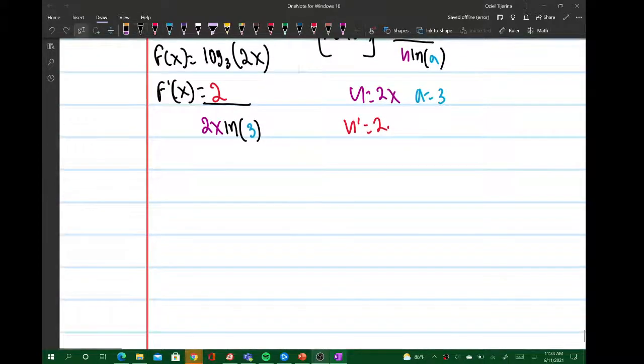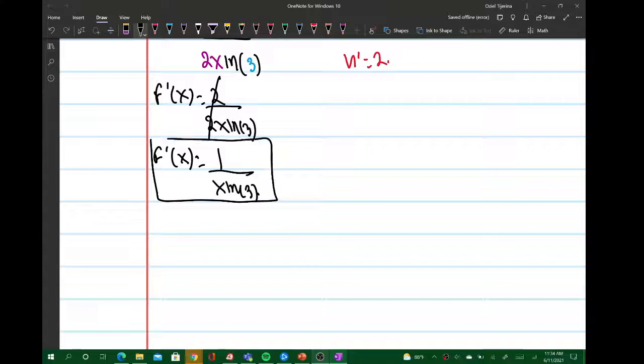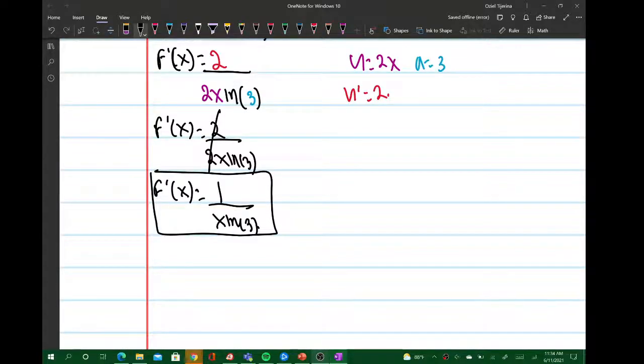Then once you simplify, you have 2 over 2x ln of 3. You can cross out the 2, so f prime of x is equal to 1 over x ln of 3. This would be your answer, okay?